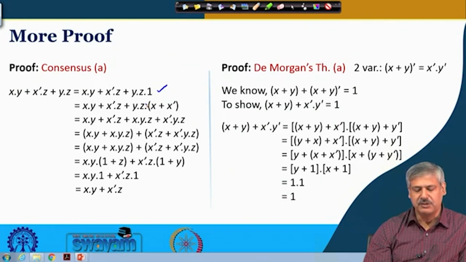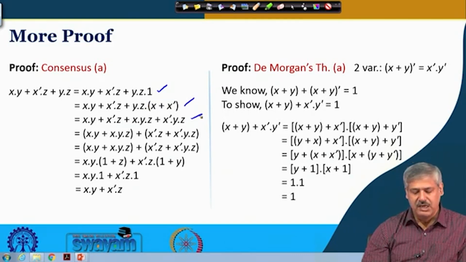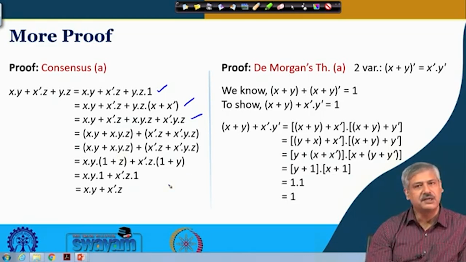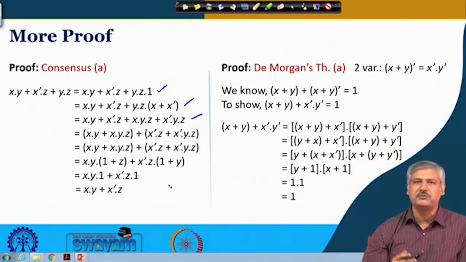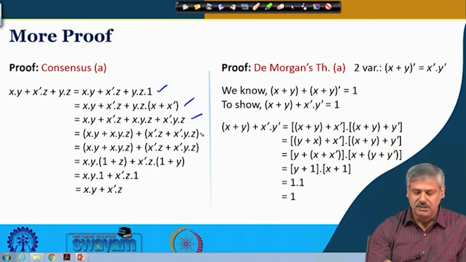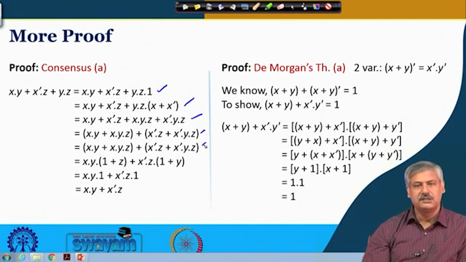So we include 1, then complementarity x plus x prime we put in this place, then we just expand it. Okay. And then we use the associativity. Okay. So associativity is not part of basic postulate, but as I said, the basic theorem can be also used for proving a more complex expression. So this is the way you are doing it, right.